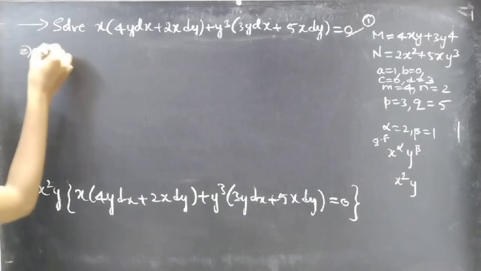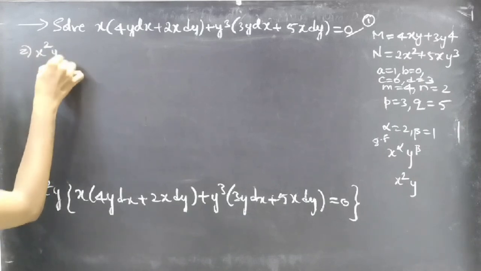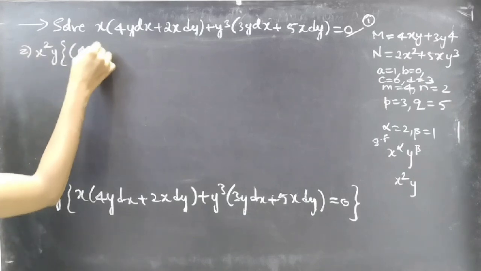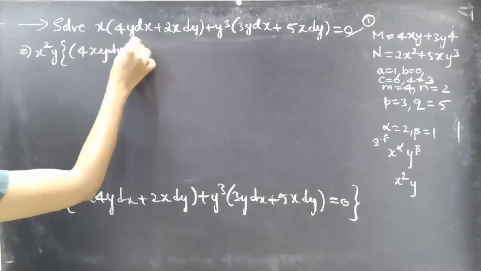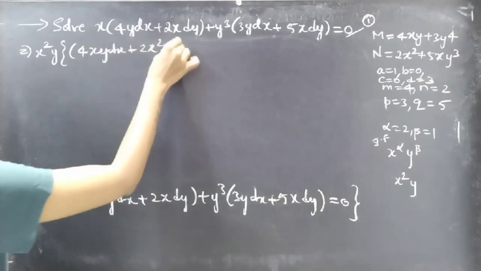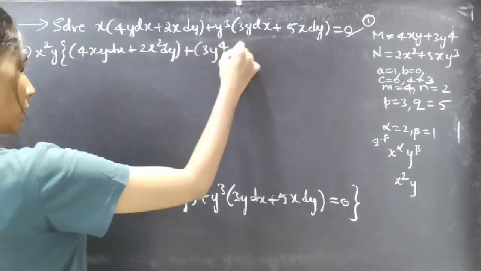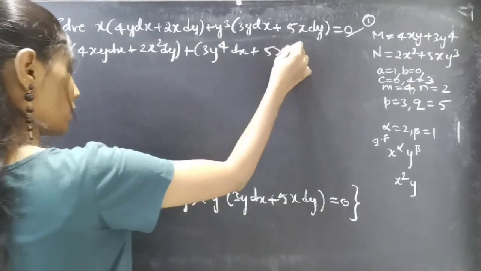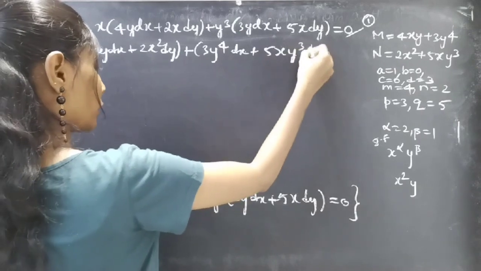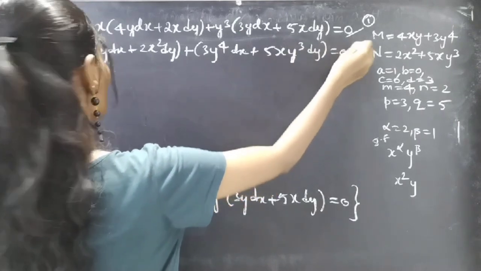We can write this as x square y into (4xy dx plus 2x square dy plus 3y power 4 dx plus 5x y cube dy) equal to 0.